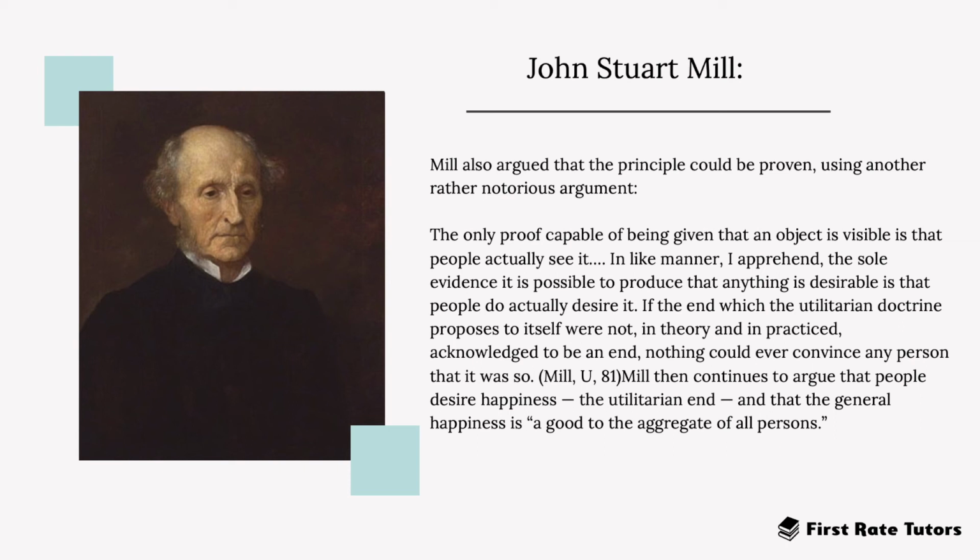If the end which the utilitarian doctrine proposes to itself were not, in theory and in practice, acknowledged to be an end, nothing could ever convince any person that it was so." Mill then continues to argue that people desire happiness, the utilitarian end, and that the general happiness is a good to the aggregate of all persons.